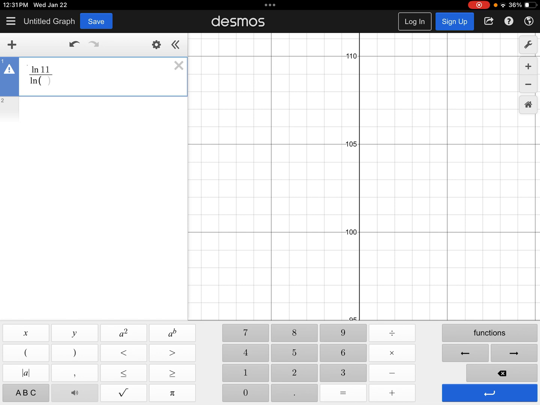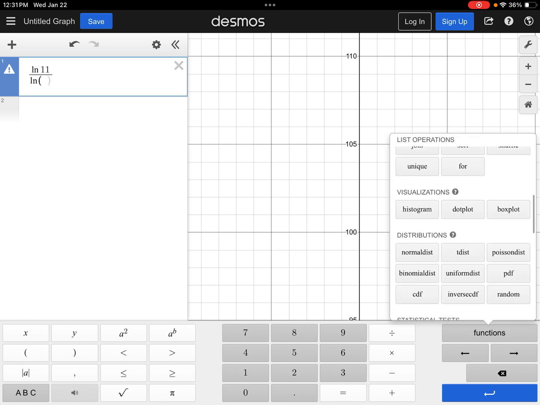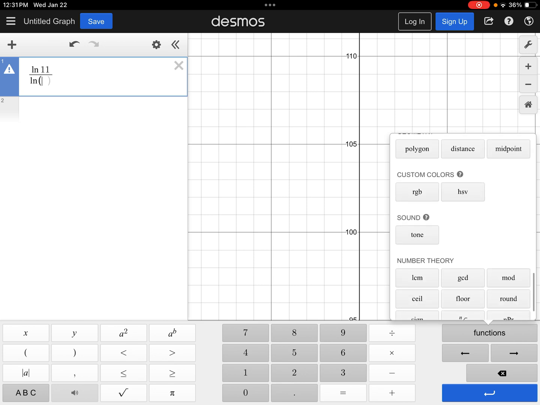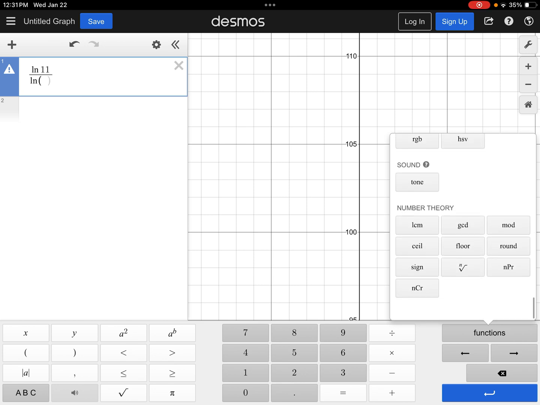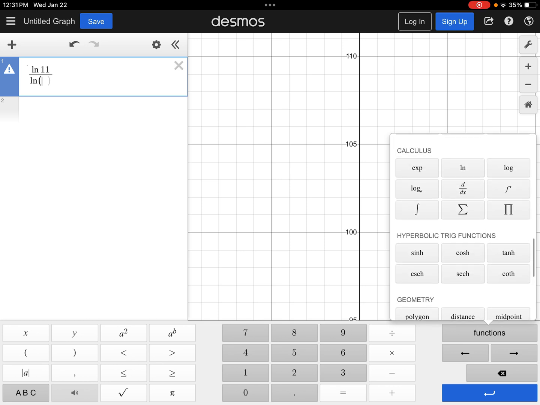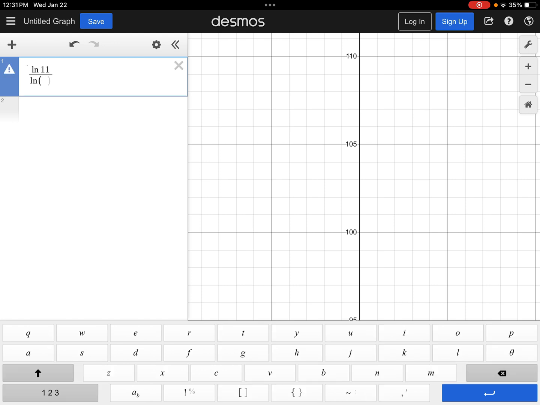Now, I don't know where that's at on this calculator. Maybe you can just type an E. There you go. You can.